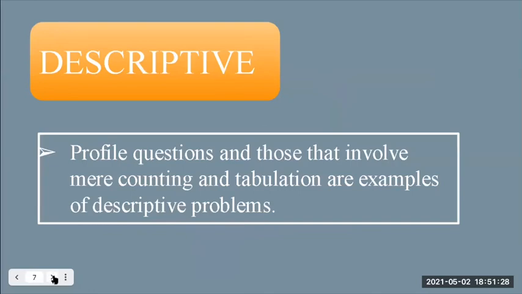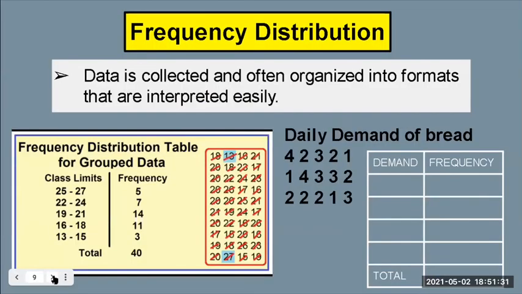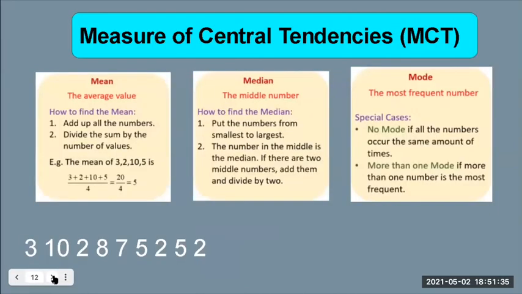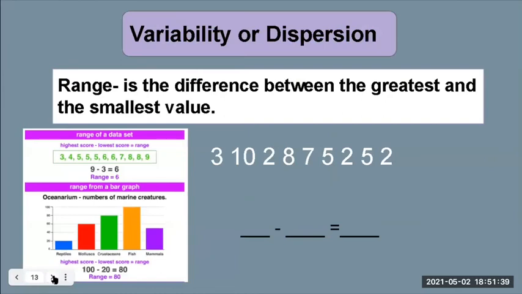We have the descriptive, then its types: frequency distribution, proportion, percentage, measures of central tendency, MCT, and then variability or dispersion. And part 2 will be the inferential, which is the parametric one. So see you in the second video for the inferential one.